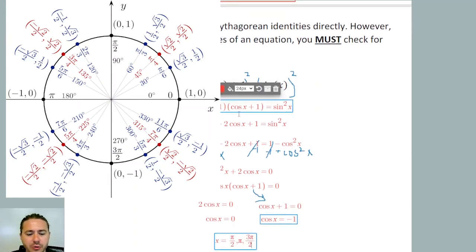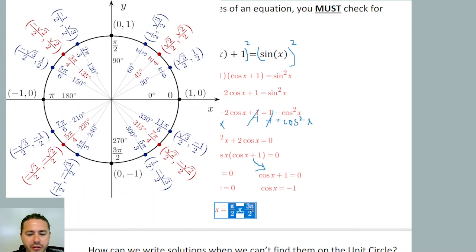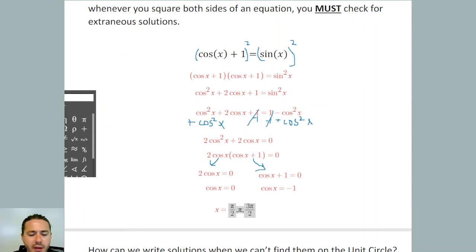And those would be our solutions if we were just picking the ones on the unit circle. Let me hide this unit circle so you can see the work. If we want to give all the solutions, then we would put those in set brackets and say plus 2 pi n.